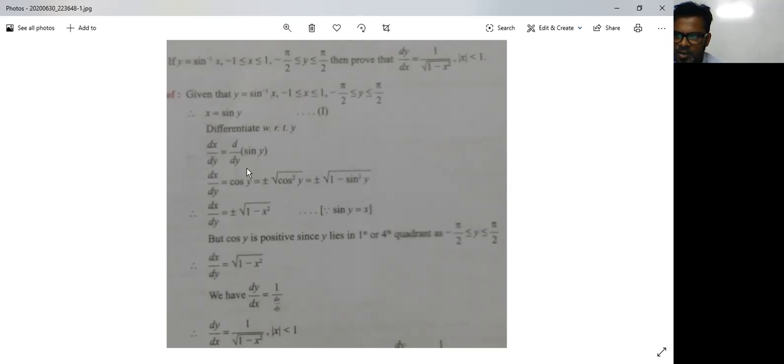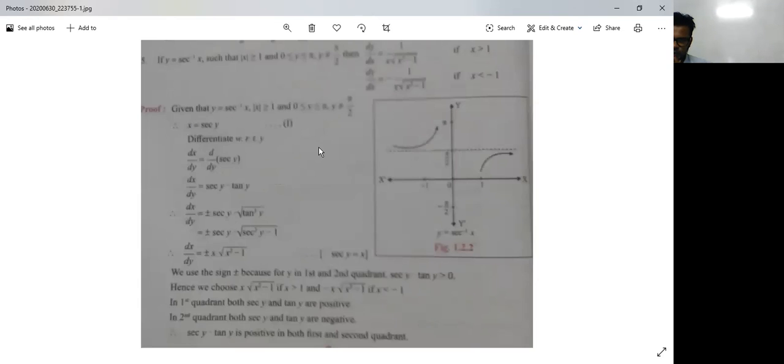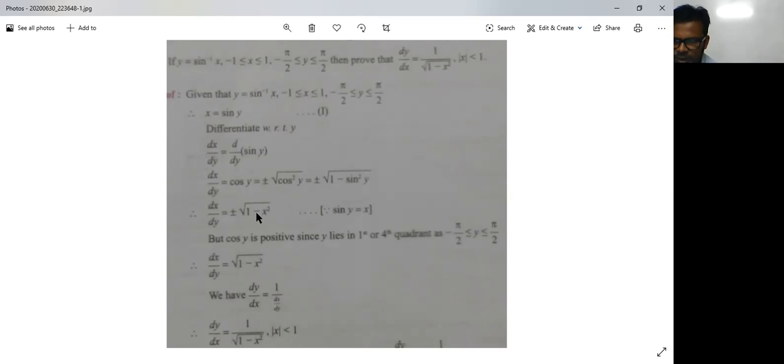But you need this in terms of sin, because sin y is equal to x and you have cos, so you need to convert cos into sin. So take the square root: cos y becomes √(cos square y), and cos square y is 1 minus sin square y, so √(1 minus sin square y). Sin square y is x square, right? So this will be plus minus √(1 minus x square).